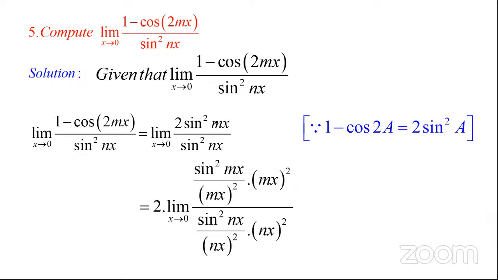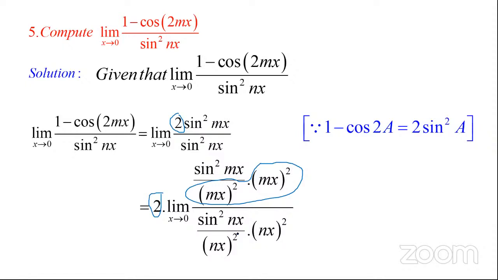Then I'm doing here. Please observe clearly. The 2 is a constant term, I'm writing it outside of the limit, and the limit tends to 0. We have sine square mx by sine square nx, so I have to transform it into a formula we know. So I'm multiplying and dividing the numerator with mx whole square, and the denominator with nx whole square.